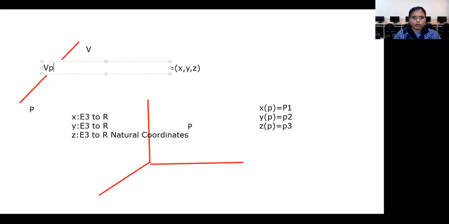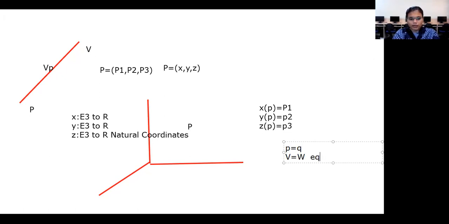And how are you going to say that two vectors are parallel vectors? For parallel vectors, the direction should be the same and the point of application different. Okay, so let us write here. If we have two points with P equal to Q, and suppose the direction vector V is equal to W, in this case these are equal vectors.